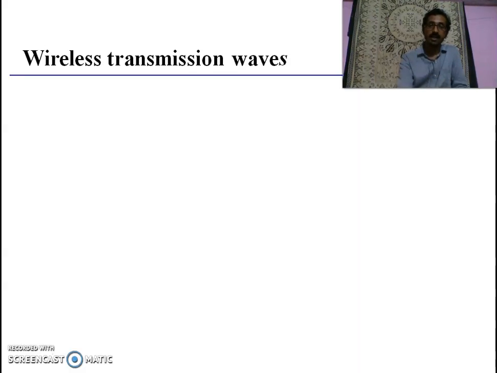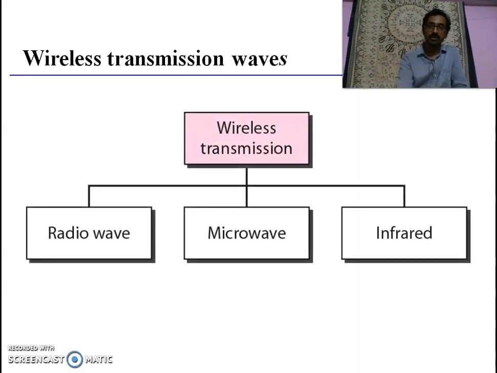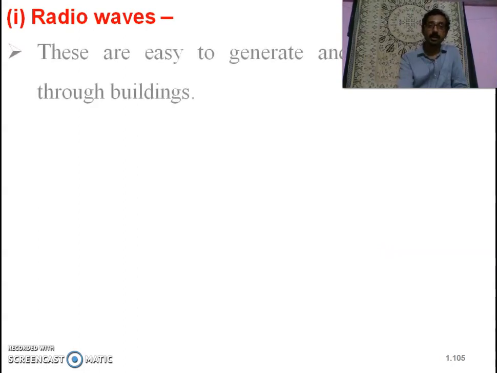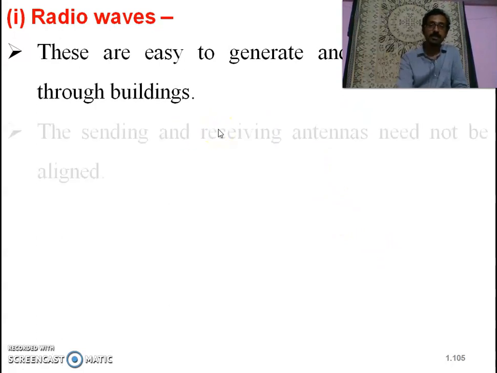And wireless transmission waves. We have three: the radio wave, the microwave, and the infrared wave. The first one is radio waves. These are easy to generate, and they can penetrate buildings.